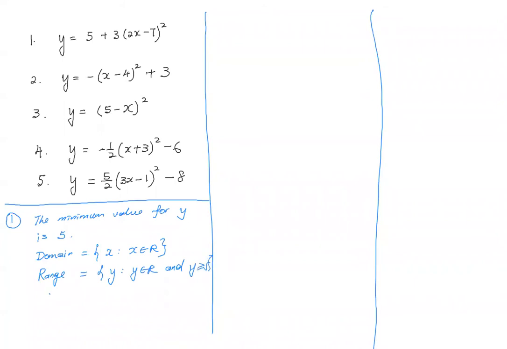That means my graph will be this way. The value of y is 5 onward, correct? So straight away, I know that there is no x-intercept.